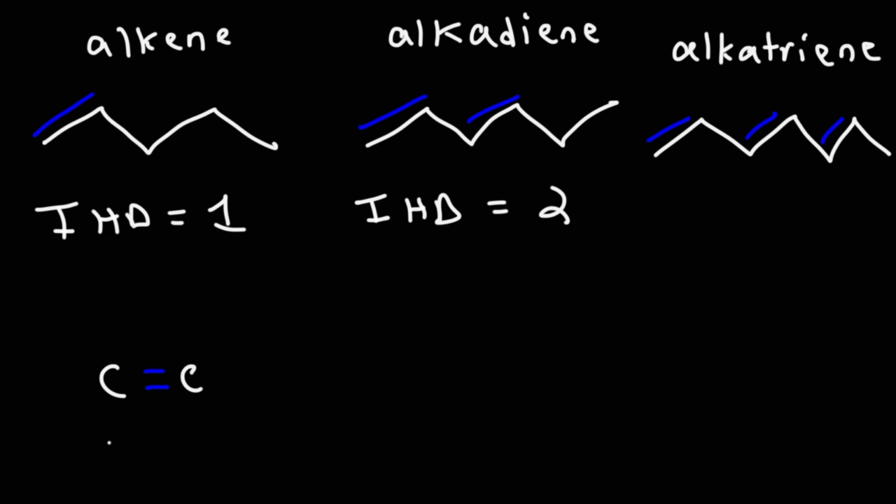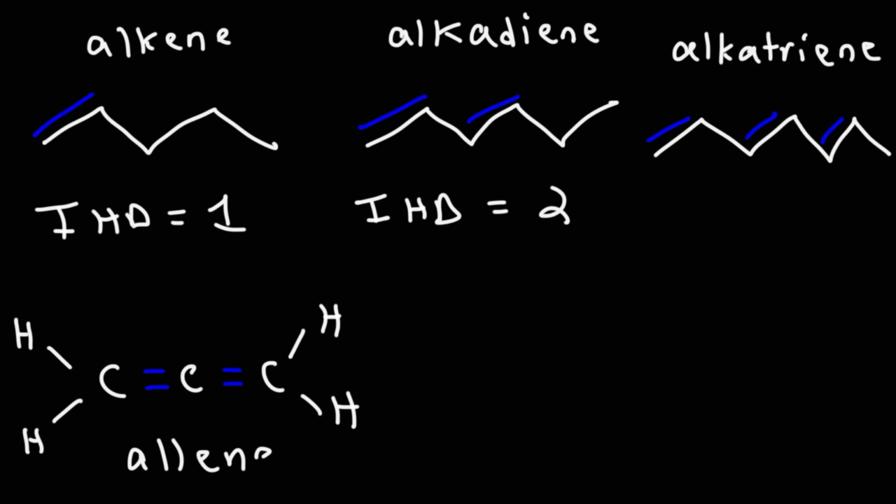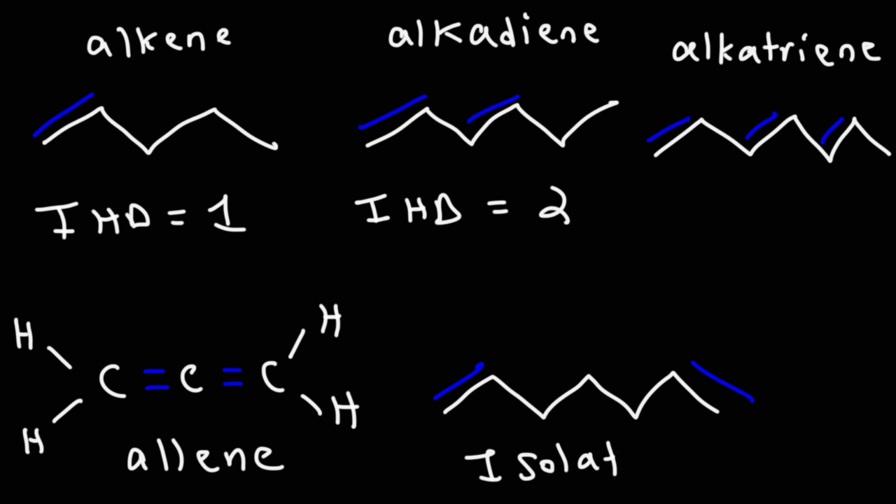Now, sometimes you'll have double bonds right next to each other. This is known as an accumulated diene, which also has a special name, allene. If the double bonds are far apart from each other, where they're not conjugated, this is simply known as an isolated diene.